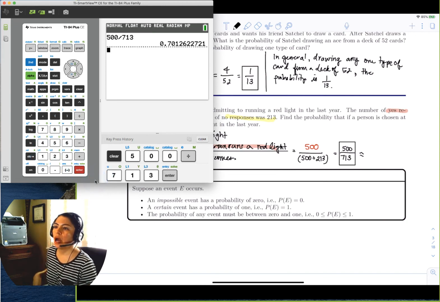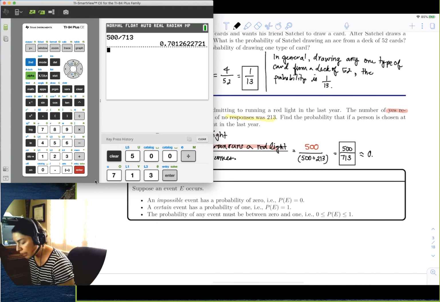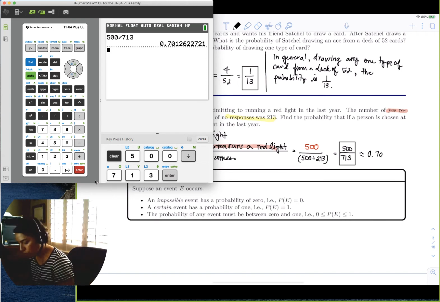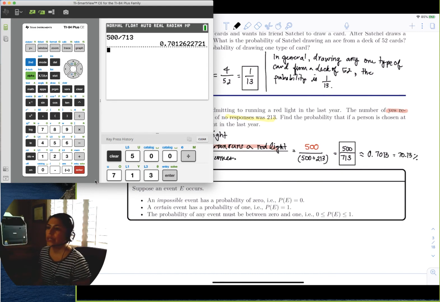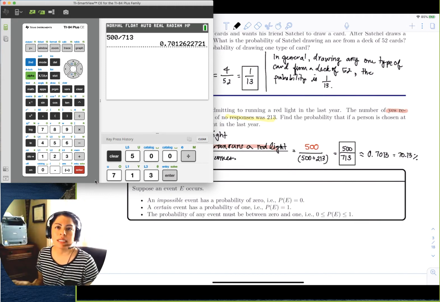And this is probability, so I probably want to round a little bit because of a percentage. So I'll put 0.7013, which is 70.13%. So we could say something like about 70% of people admitted to running a red light last year. And that's how we would talk in conversation.